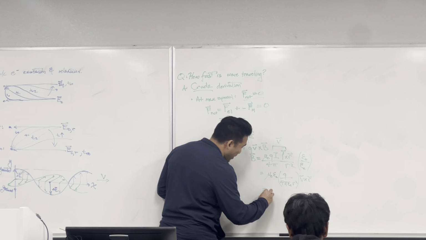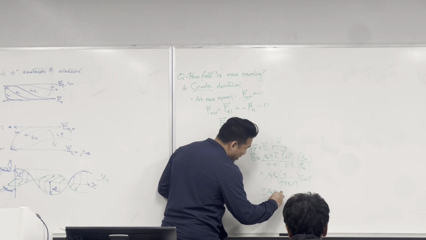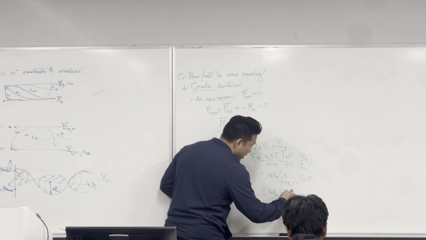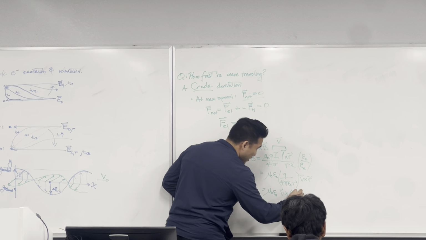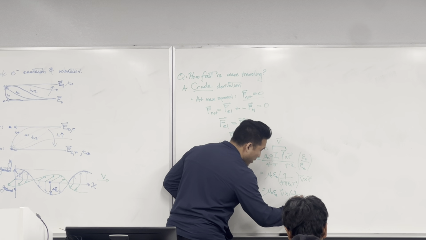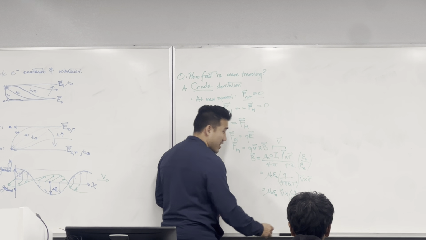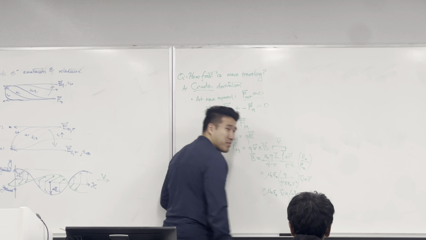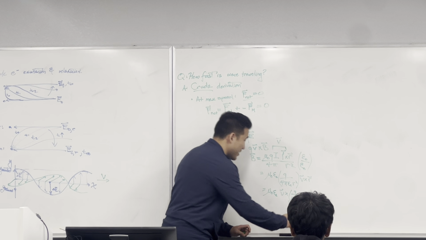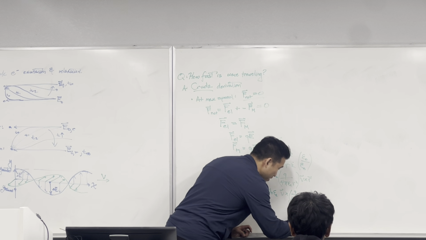So this is mu naught epsilon naught times V cross Q over 4 pi epsilon naught R squared times R. This entire term with the vector is simply the electric field.